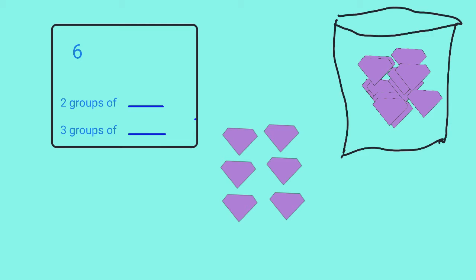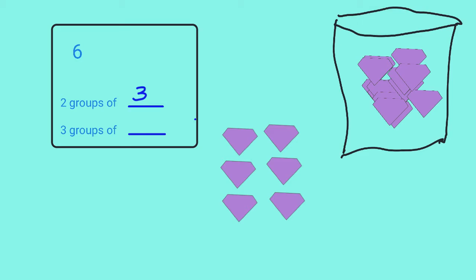Get ready. Yes, 2. We have 2 groups of diamonds. So how many diamonds are in each group? Get ready? Yes, 3. Okay, so I wrote we have 2 groups of 3.